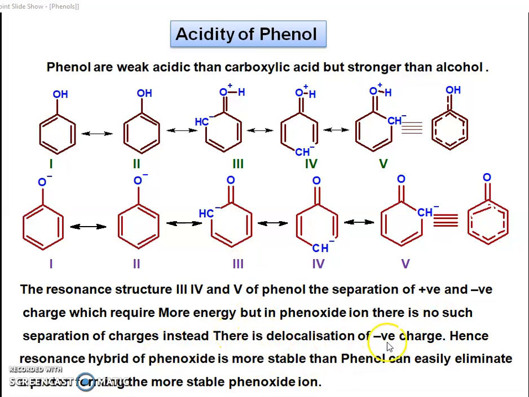There is delocalization of negative charge, hence the resonance hybrid of the phenoxide ion is more stable than the phenol, and it can easily eliminate a proton forming the more stable phenoxide ion. Therefore phenols are weakly acidic in nature because the separation of charge takes more energy.